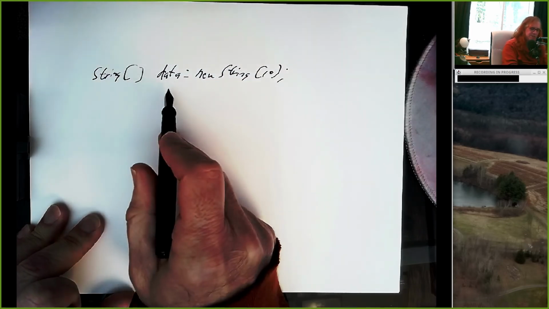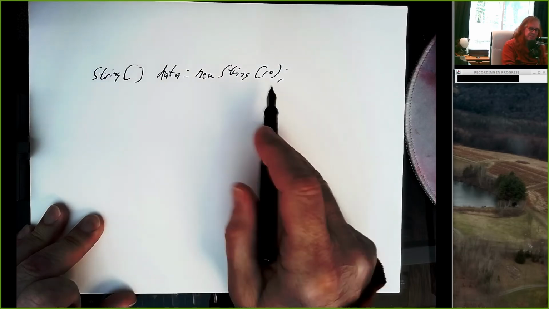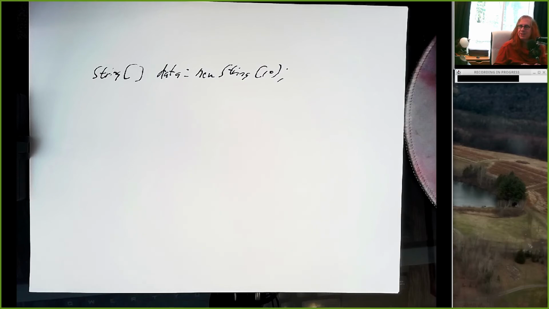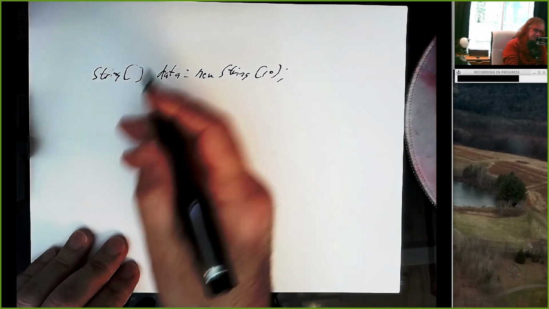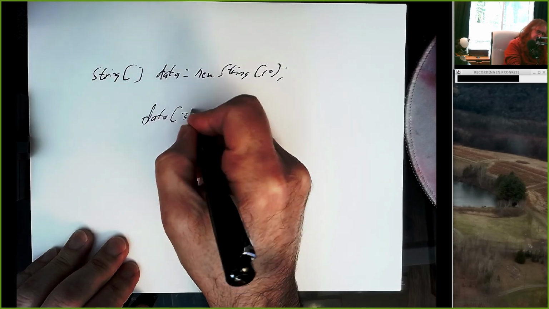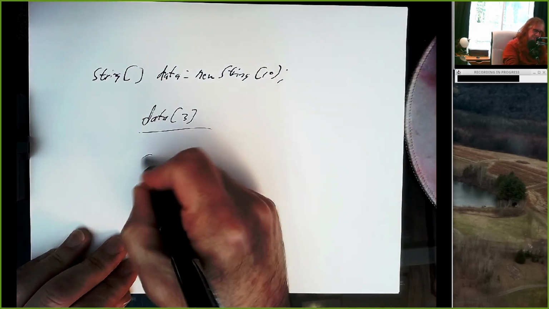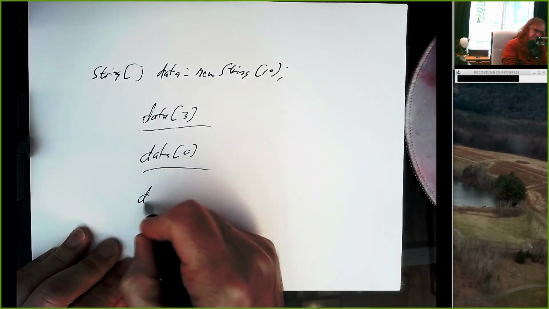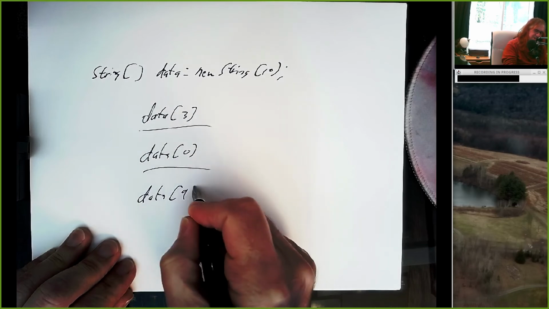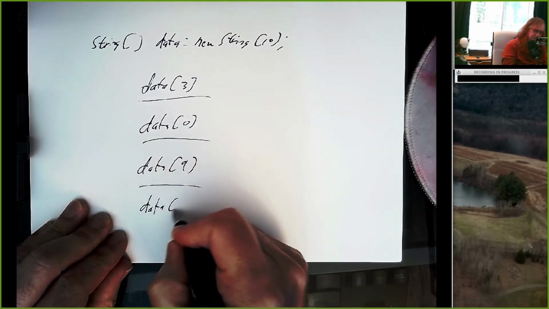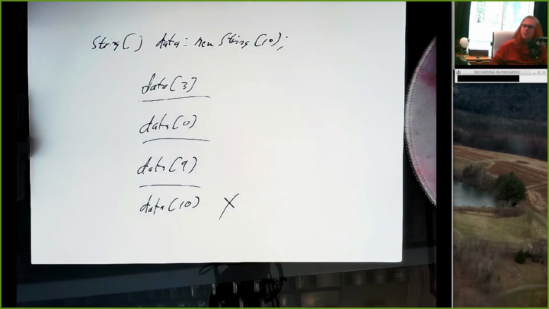Well, this declares data to be an array of strings. This constructs the array of strings. It does the equivalent of malloc to actually create space in memory for 10 strings. And after we do this, we could say data bracket 3, this is a string. We can say data bracket 0, this is a string. We can say data bracket 9, this is a string. If we try to say data bracket 10, that will throw an exception.